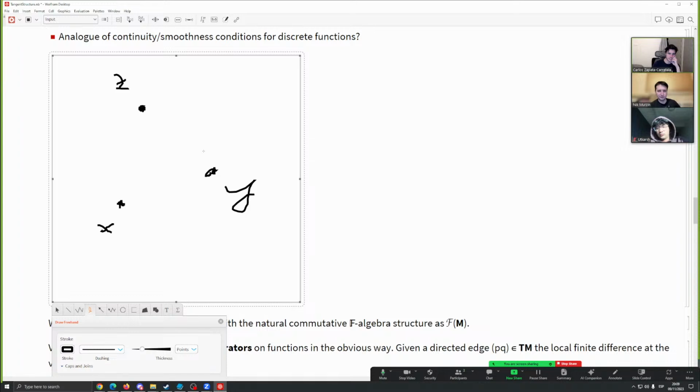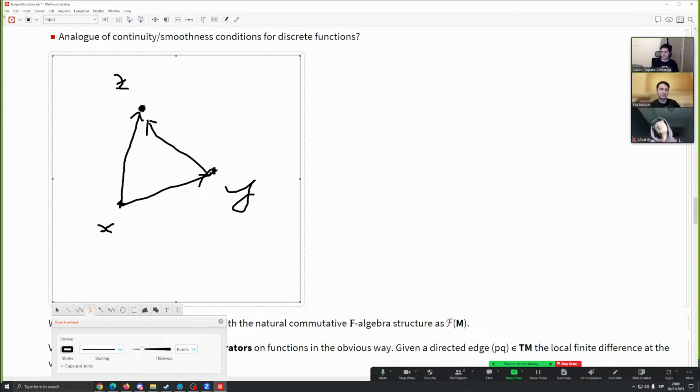So you probably want to say something about, okay, if you go from here to here, you should see a difference of z minus x, which should be the same thing as going from here to here, and then going here to here, right? If these are edges on your graph, assuming these vertices are connected by the graph.